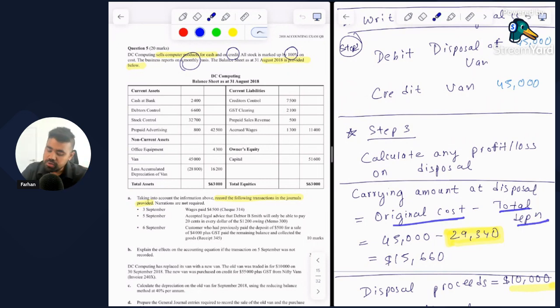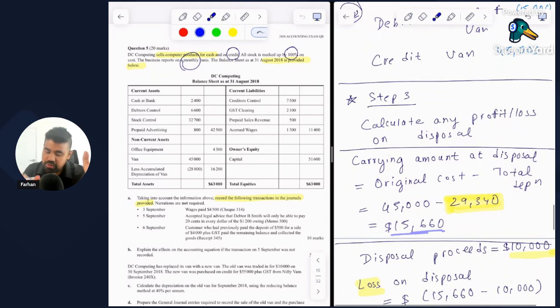The original cost is $45,000, but the total depreciation is $29,340, which is $28,800 up to August 2018, plus an additional $540, which we calculated for the month of September, right? So altogether, it's $29,340. On that basis, the carrying amount comes out to be $15,660.